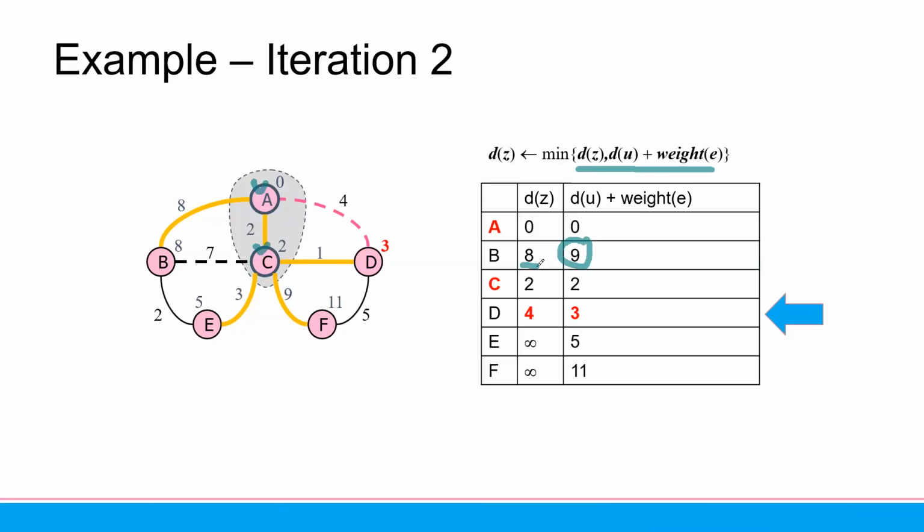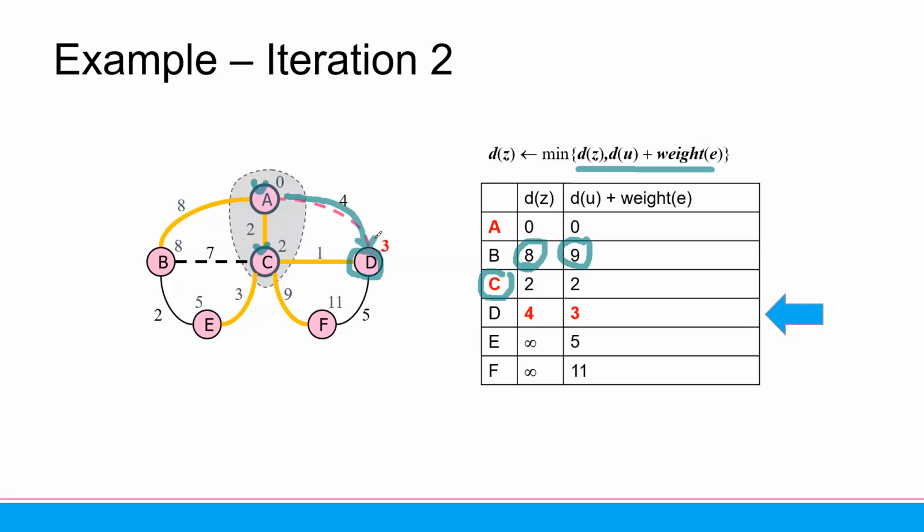The minimum is 8. Then we will still keep this one. What about D? In D, originally we have 4.